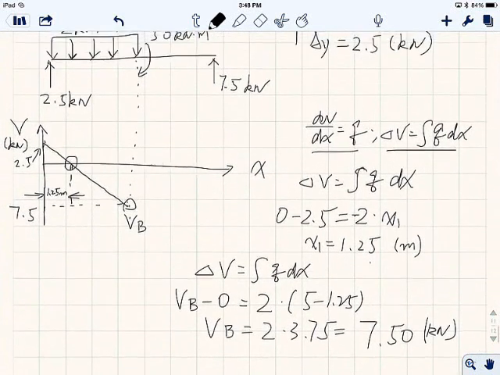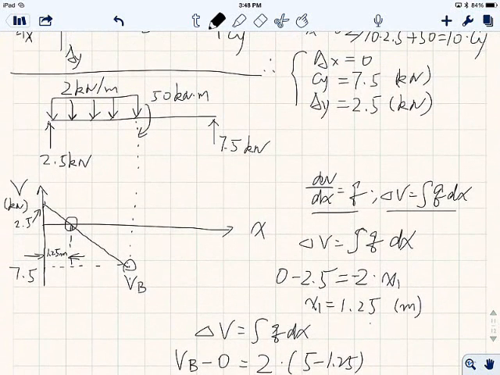So the next will be what's going on from point B to point C. So from point B to point C, we can still use these two equations, right? So dV divided by dx is Q. What is the Q from point B to point C? 0, right? So if you have a slope of 0, what does the line look like? A straight line like that, right? Okay, now at the end, at point C, you have a concentrated force 7.5 pushing up.